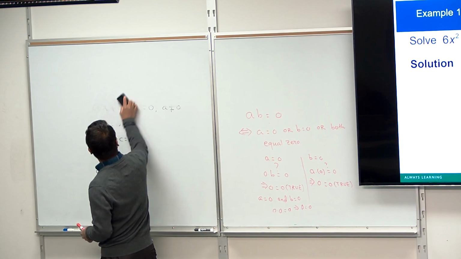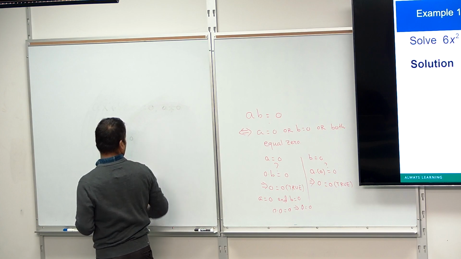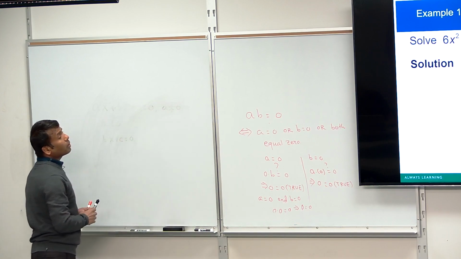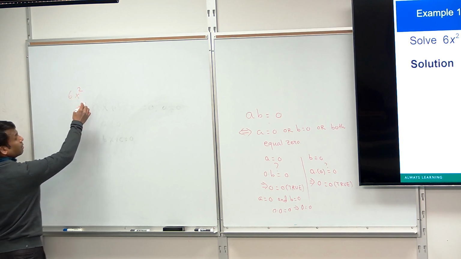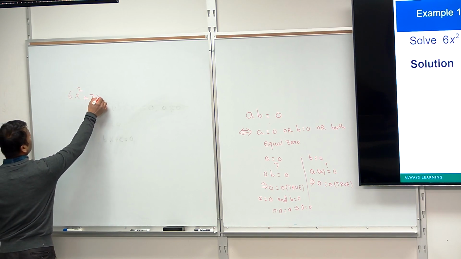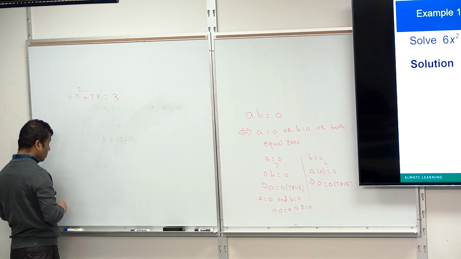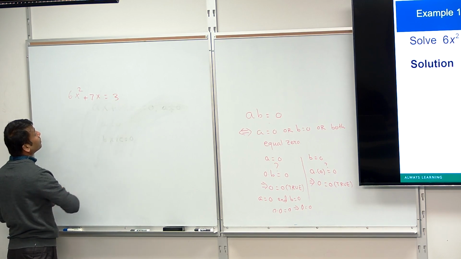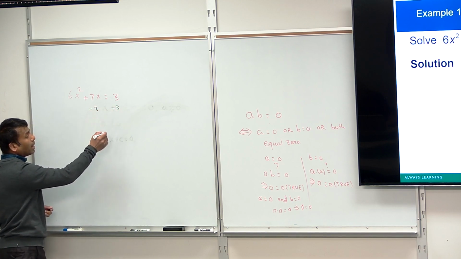So first, let me write that in standard form. You have 6x squared plus 7x equal to 3. If you want to write it in standard form, you subtract 3 from both sides. Why did I do that?